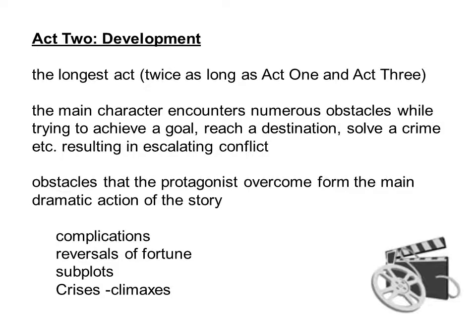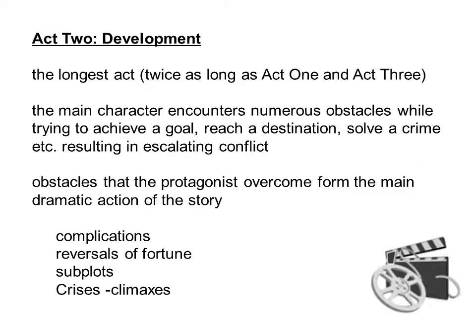Now we are in Act 2, which is the development part. This is the longest act. It is twice as long as Act 1 and Act 3. What is happening here? The main character will encounter a lot of obstacles and problems, and the hero will try to achieve his goal and reach a specific destination.